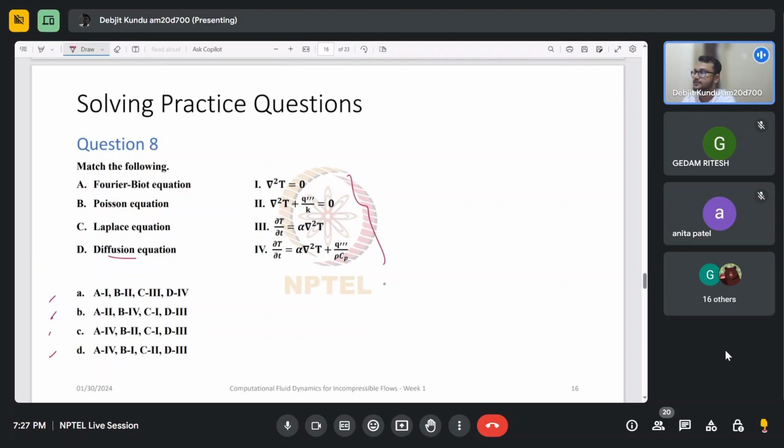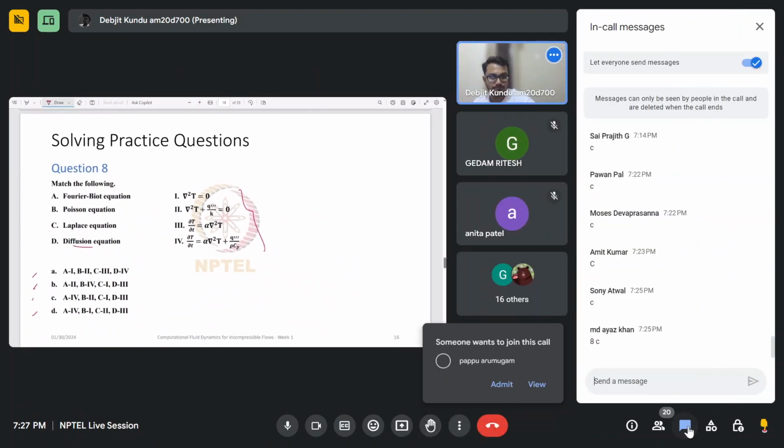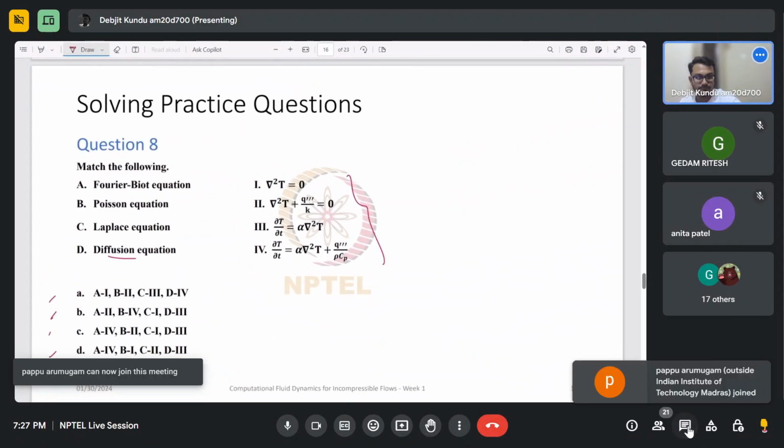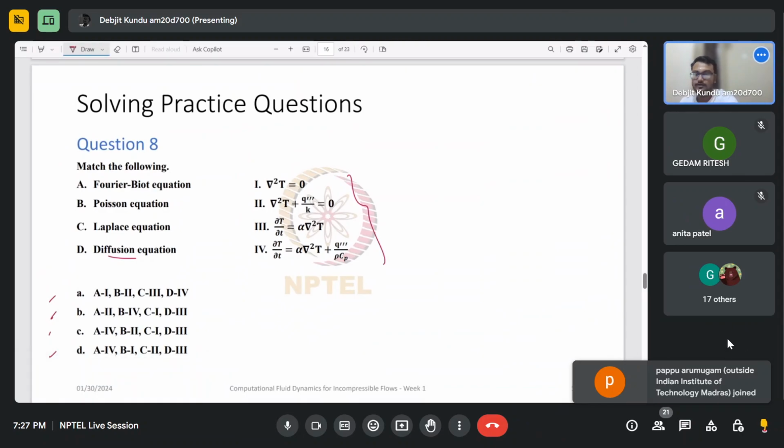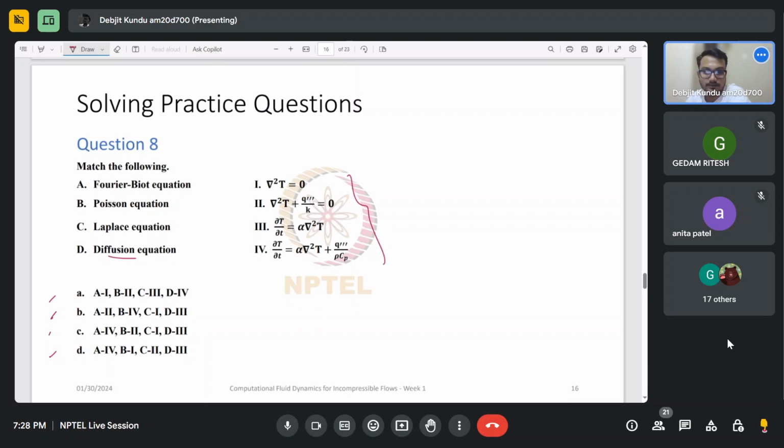What is the diffusion equation among these four cases? Guys, don't feel shy, come on.